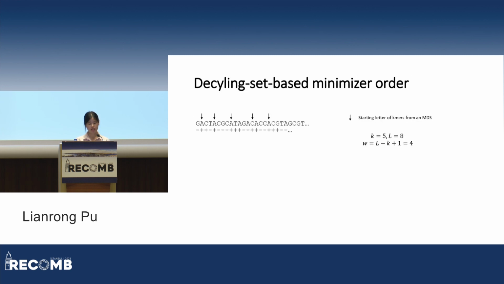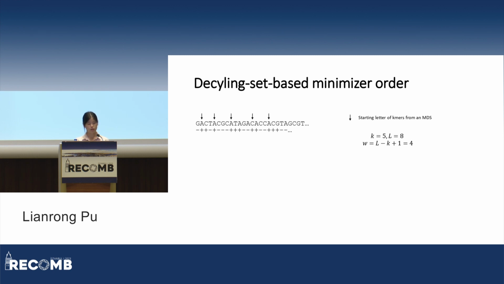So here is an example given a sequence on the left. Here we use parameters k equal to 5 and L equal to 8. Then we calculate the k-mer embedding value for all the k-mers in this sequence from left to right, and we indicate whether its I value is positive or not under the first letter of each k-mer.